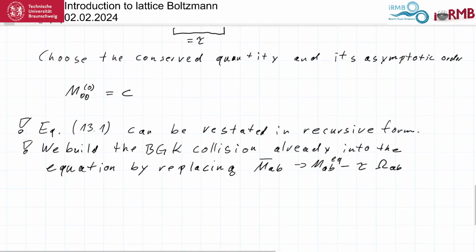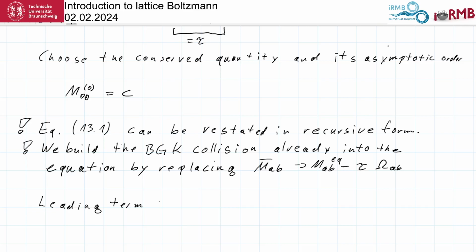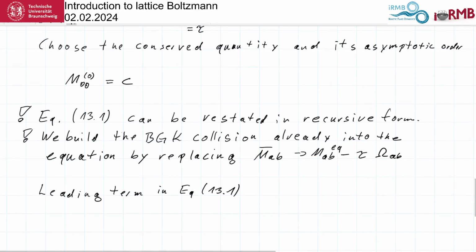So what we are now going to do is we try to restate this here to give us the leading term of this equation 13.1. So the leading term is M N L, so everything is 0, and this goes to 0.